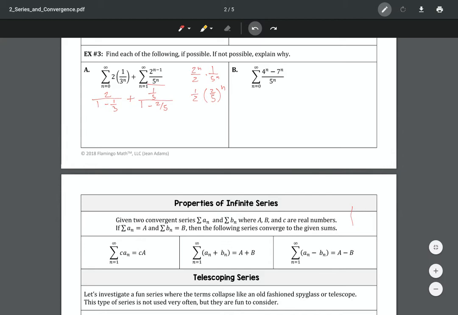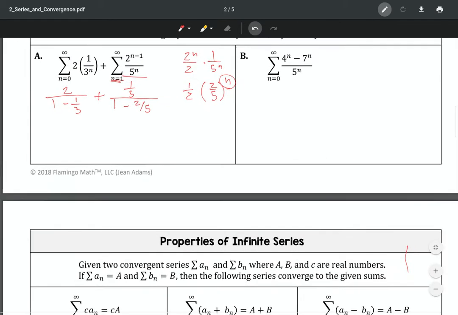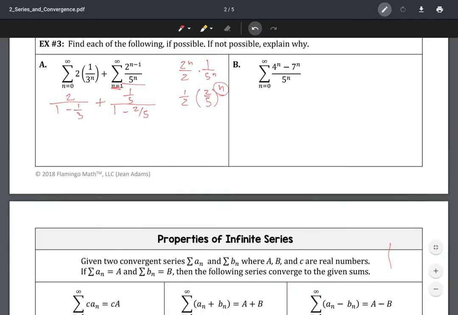Right now, the 1/5 that I have up here, remember, n starts at 1. If I plug in a 1 here, that would give me 2/5 times 1 half, which gives me 2 over 10, which is 1/5. Or you can just plug in a 1 for n in the original sum, and that should give you that. Now if you do all of the fractions and the math, that's just going to give you 10 over 3.